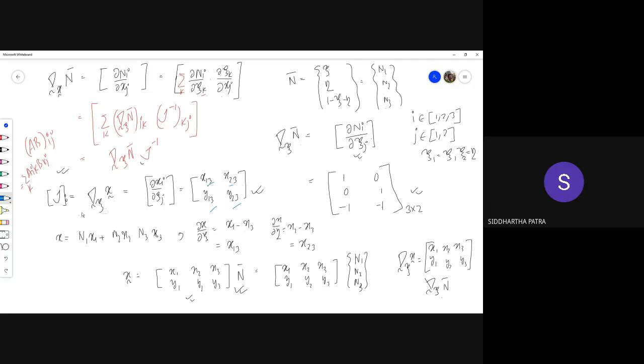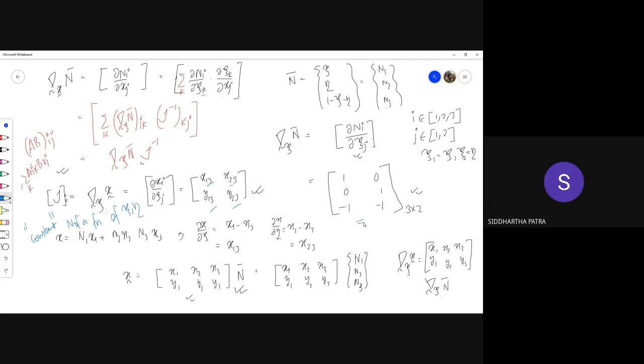So the Jacobian is not a function of ξ and η, and loosely speaking, it is constant.